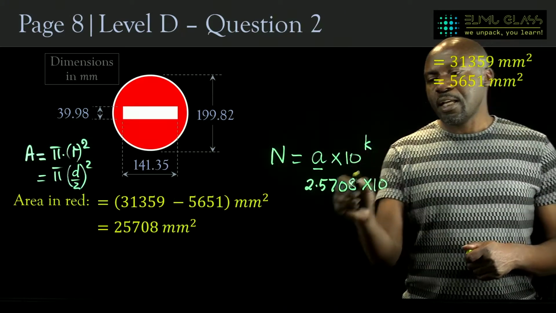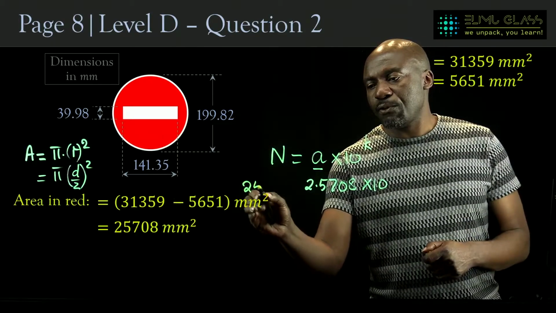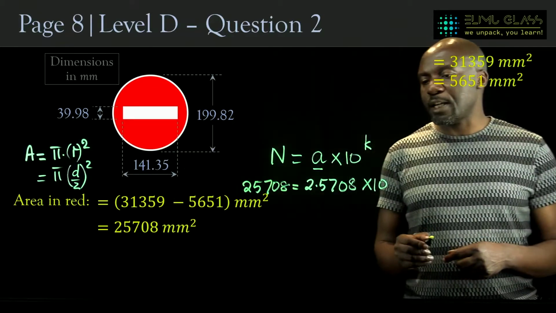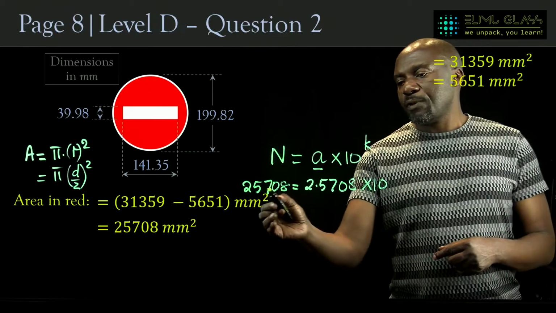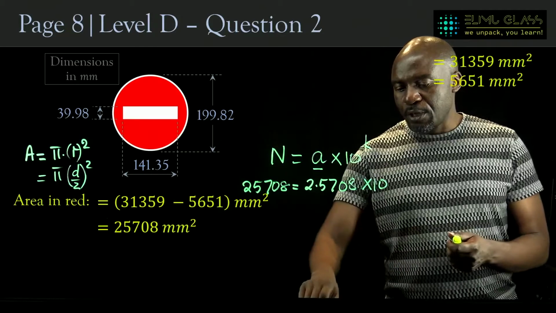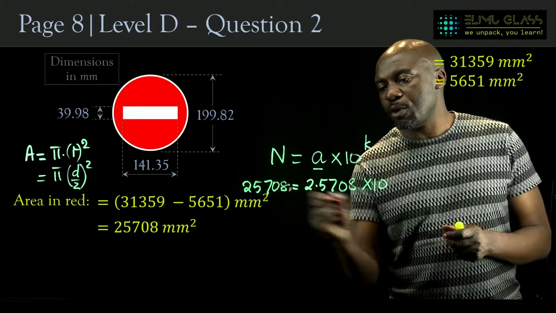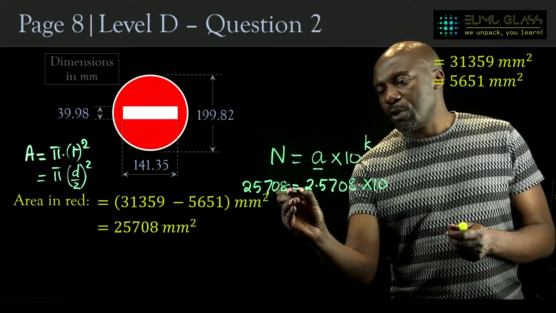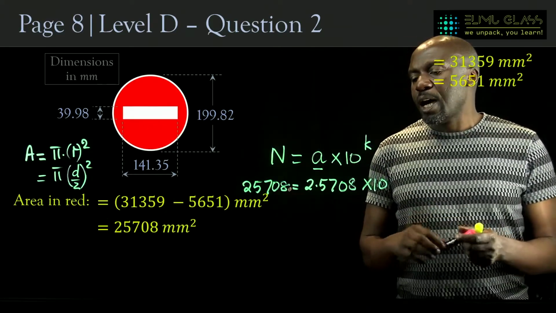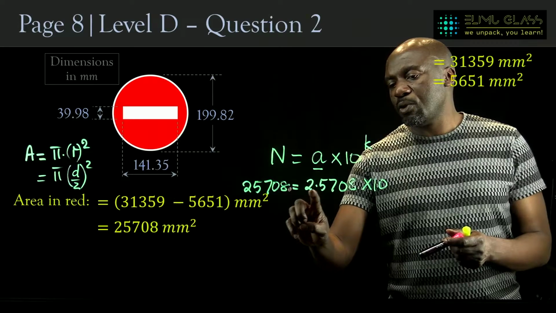The value of K is what you get. So the number we are converting is 25708. Now, if you look at 25708, the decimal point for this number is somewhere just after 8. That's where the decimal point is. And the question is, how many decimal places have I moved it to bring it between 2 and 5?